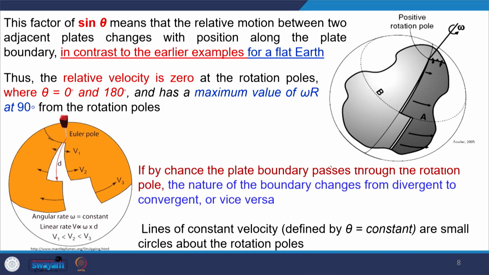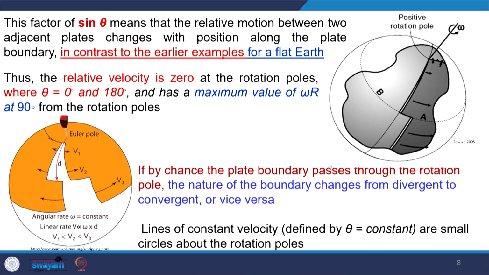That is not true. Depending upon the position with respect to the Euler's pole, this motion is changing, isn't it? This factor sin theta means that the relative motion between the two adjacent plates changes with the position along the plate boundary, and it contradicts that earlier observation based on the earth being flat.